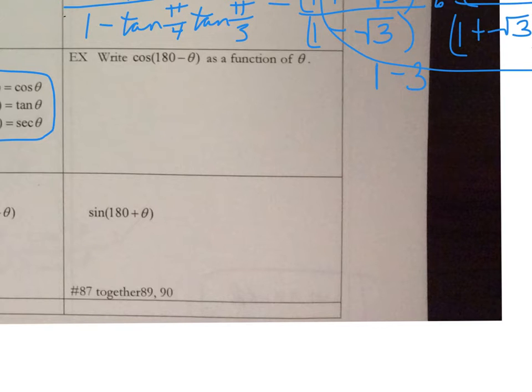The cosine identity goes cosine of the first, cosine of the second, and remember the sign flips on cosine, plus sine of the first, sine of the second.